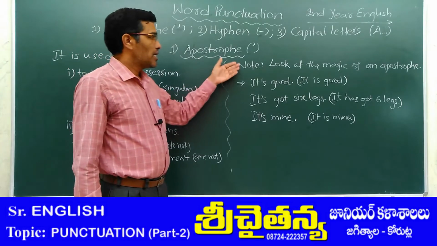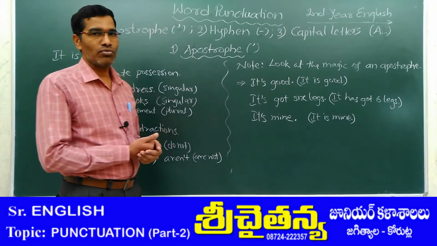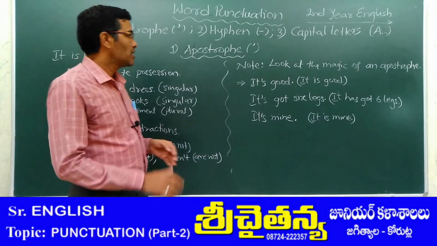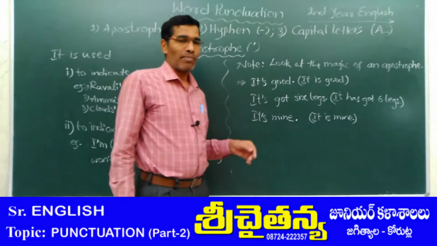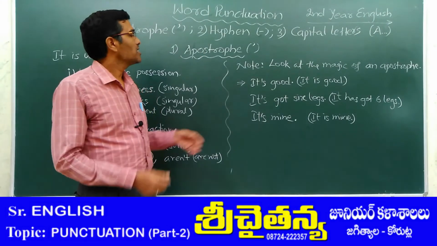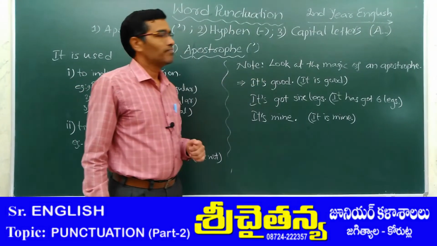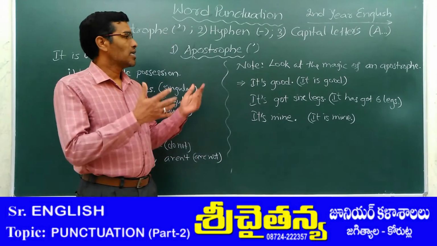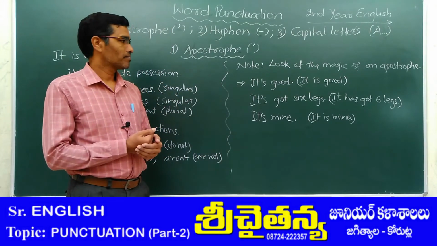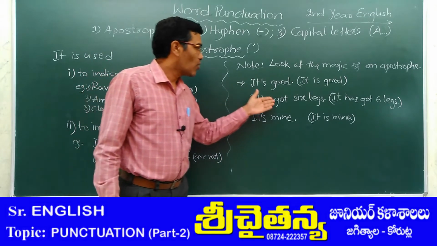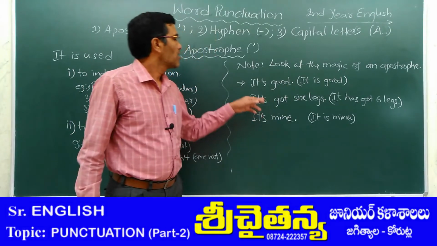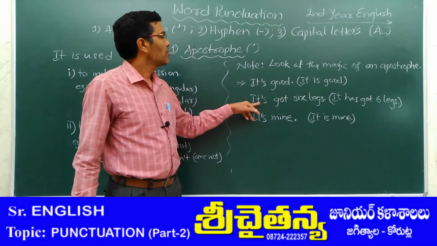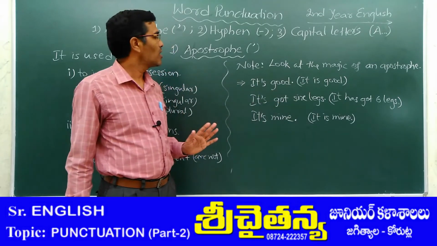And there is a note for the use of contractions. That is, "It's a magic you can find." "It's good." That's, it is good. "It's got 6 legs." The same usage, but the meaning is changed. What is that?